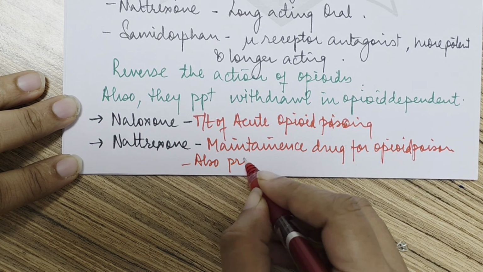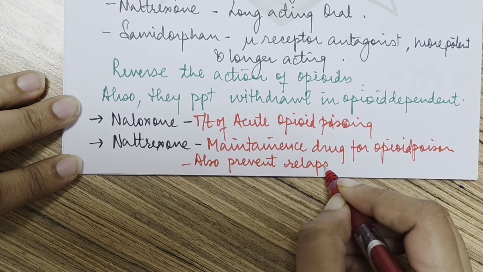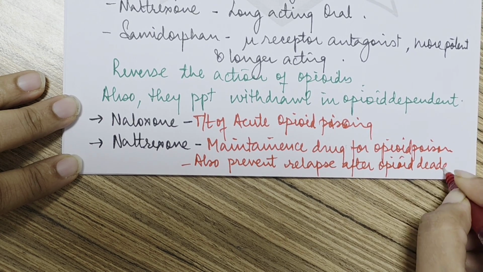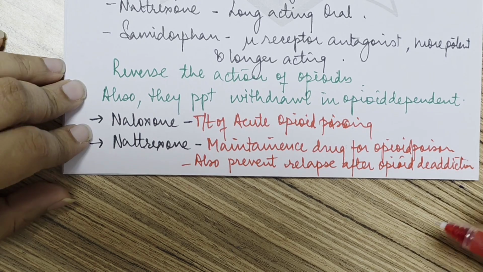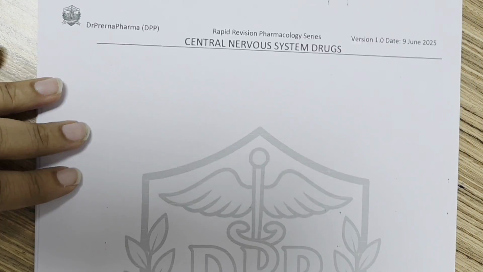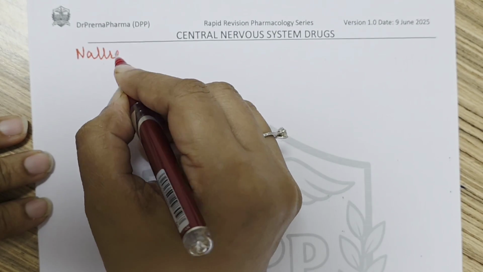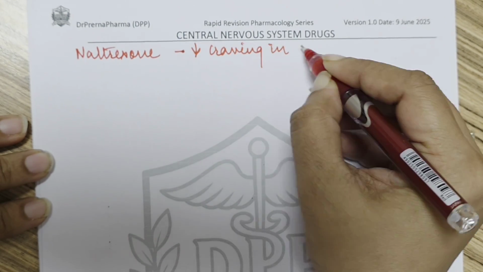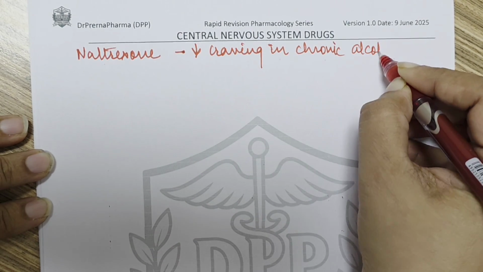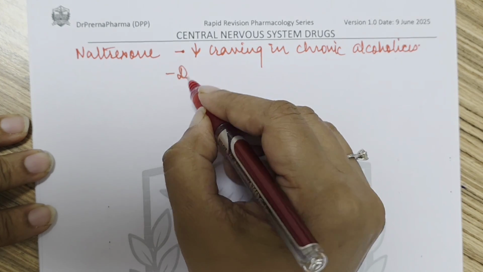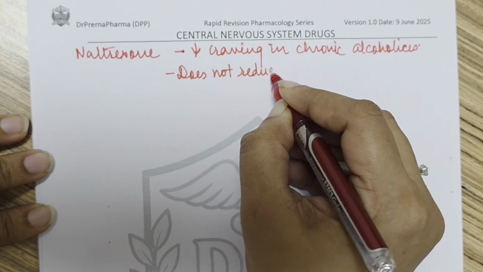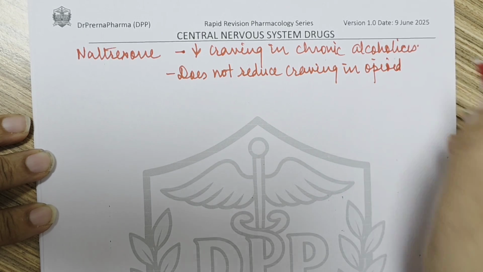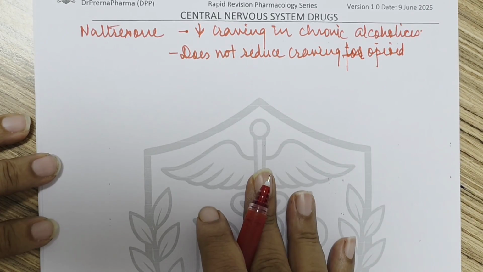Also, it is used to prevent relapse after opioid de-addiction. So it prevents the relapse also. Then, naltrexone also decreases craving in chronic alcoholics, but it does not reduce craving for opioids, right? So this is naltrexone.